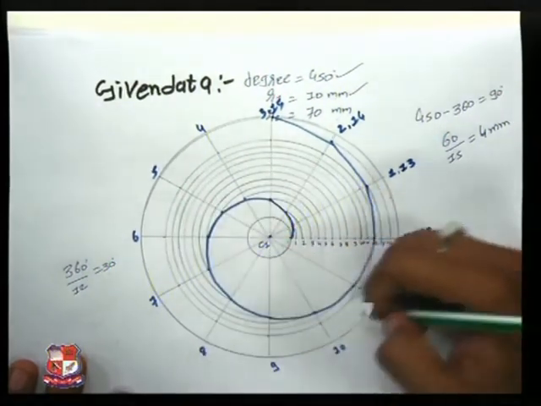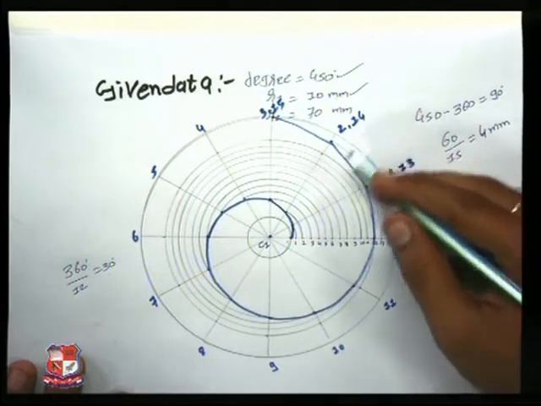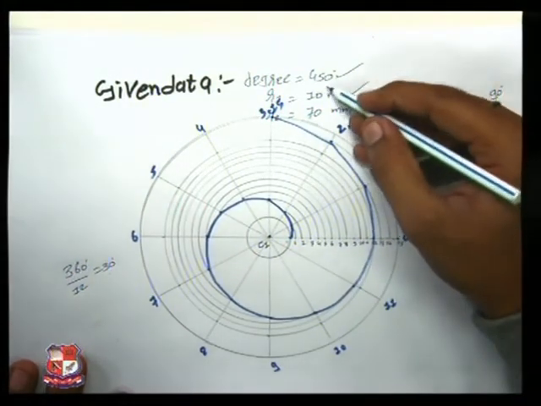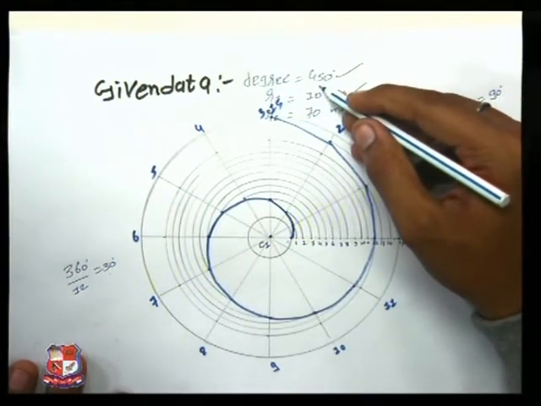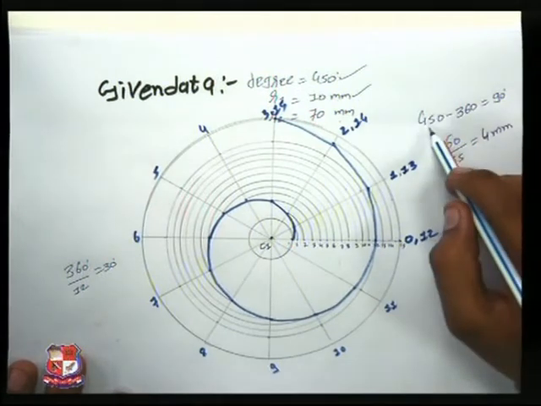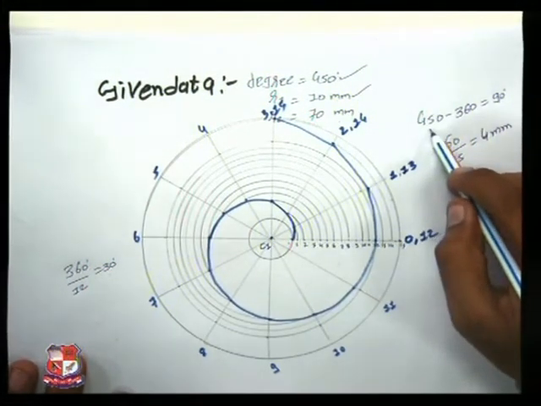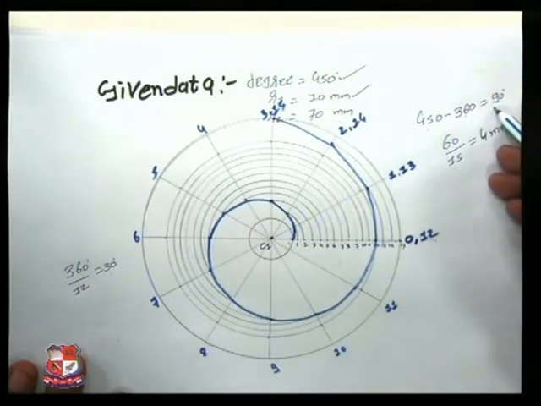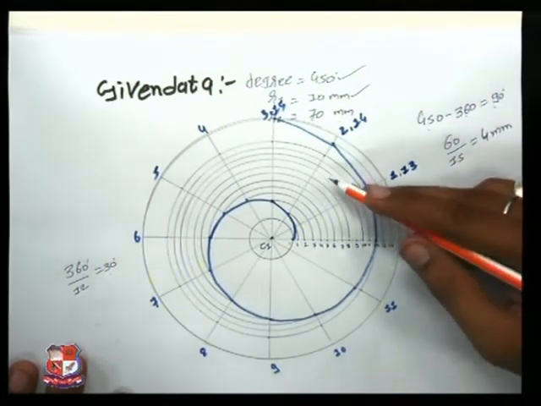Give the nomenclature to the same, 0 to 12. Now we need to draw an Archimedean spiral for 450 degrees. So that's why we have deducted 360 from 450, which comes around 90 degrees. So we require an additional 90 degrees.